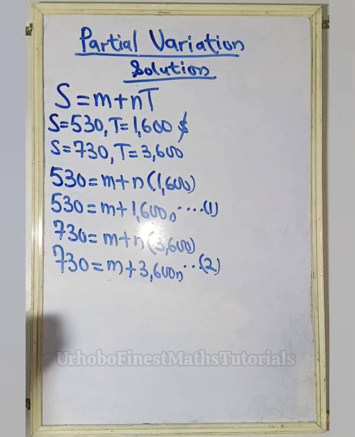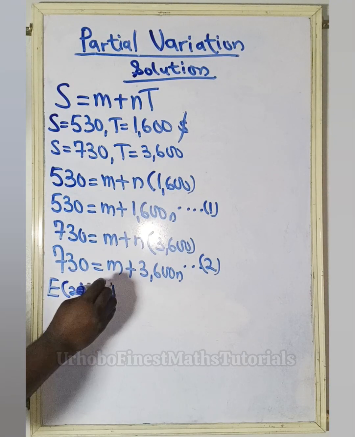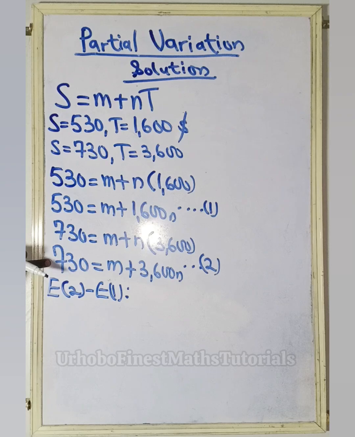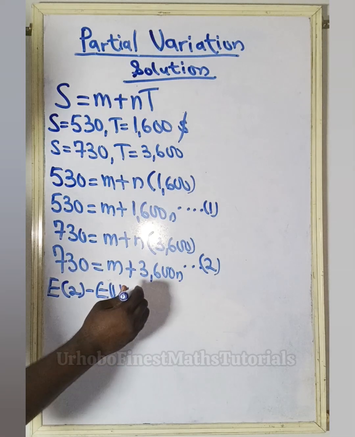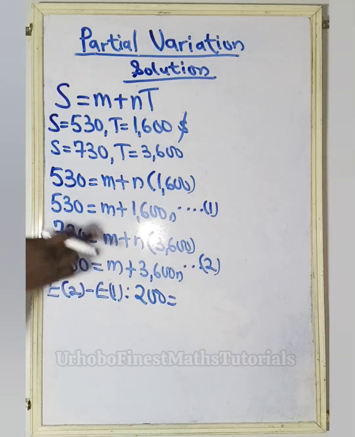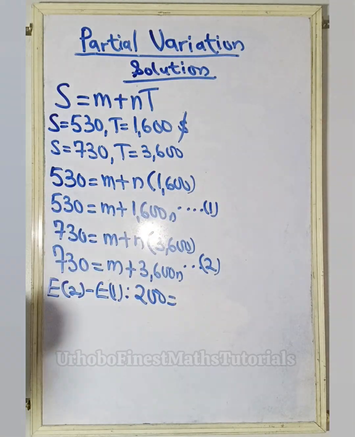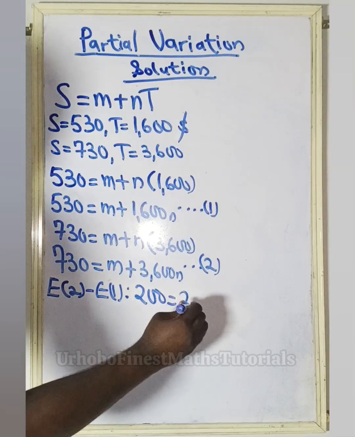At this point, we're going to say equation 2 minus equation 1. So 730 minus 530 will give you 200 equals m minus m is 0, 3600 minus 1600 will give you 2000 n.